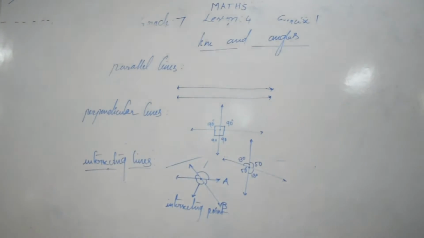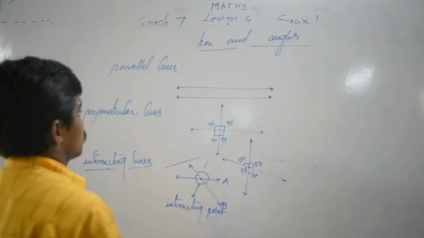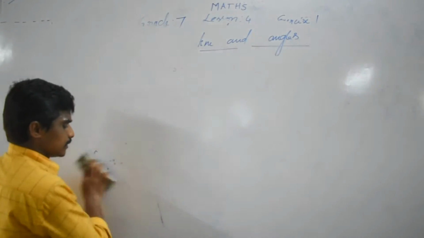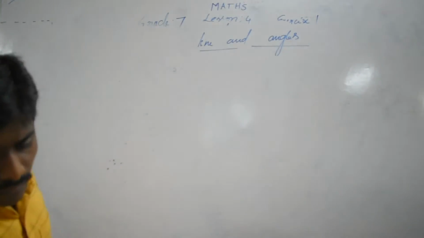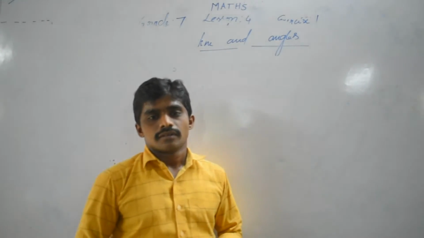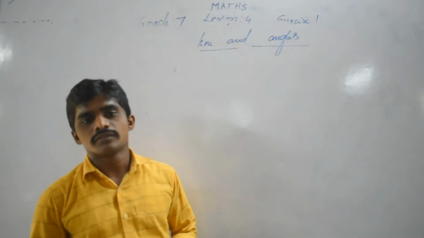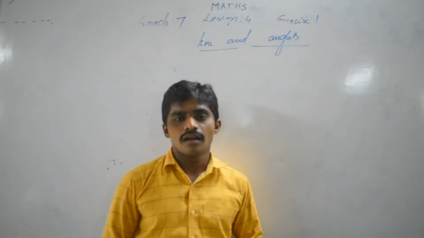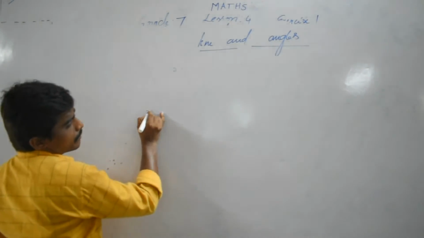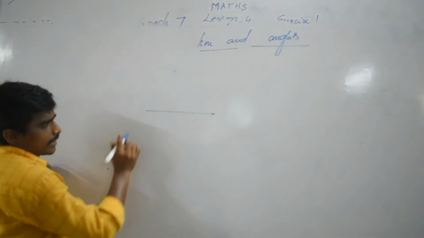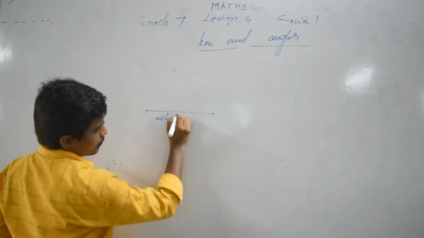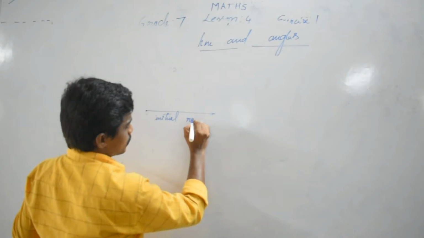Next one, angles. What is an angle? An angle is the inclined distance from the initial ray to the terminal ray. See, this is one ray, this is the initial ray.